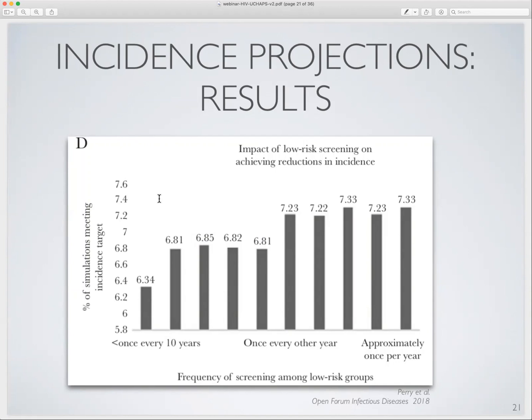let me take the opportunity of this type of result to emphasize the importance of mathematical models giving results in a probabilistic way, with this kind of percentage of simulations meeting the incidence target.